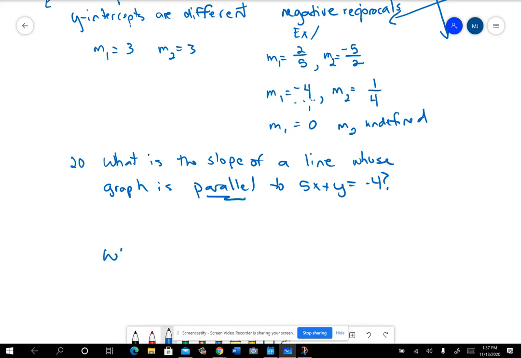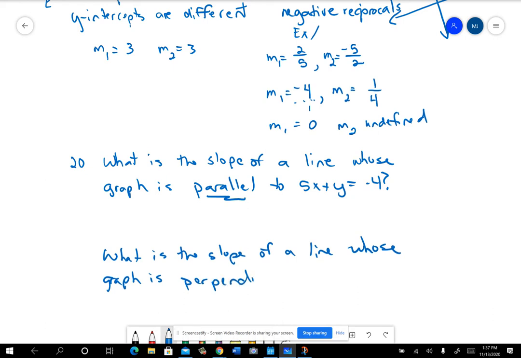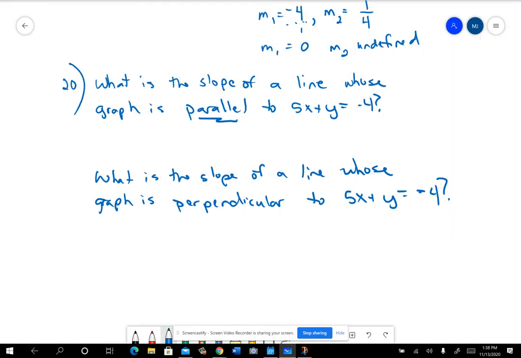And then it asked that same question, what is the slope of a line whose graph is perpendicular to, and it was the same line. Okay, and we just want the slope. We don't want you to write an equation of the line or anything, just get the slope.